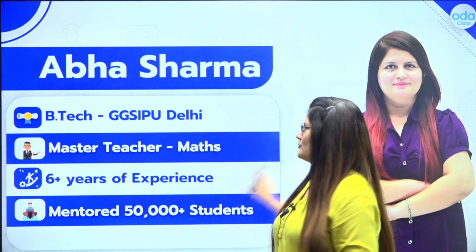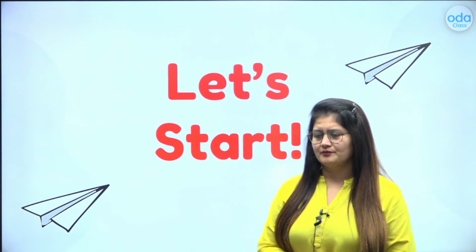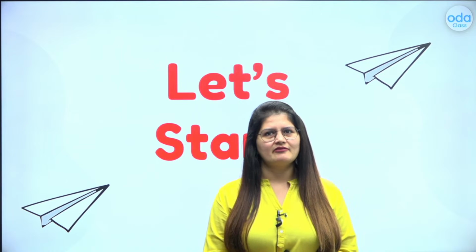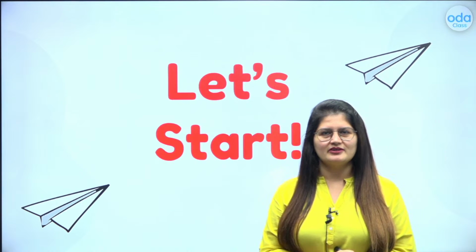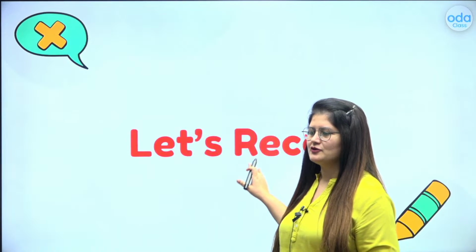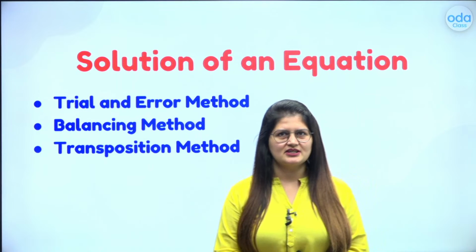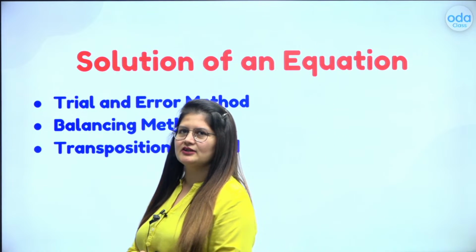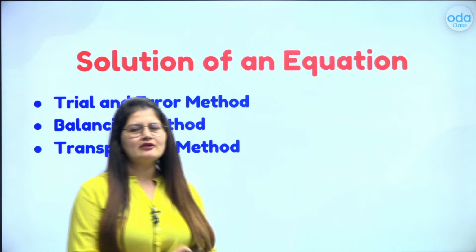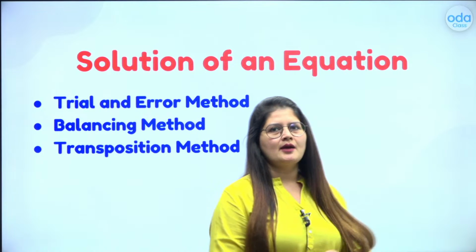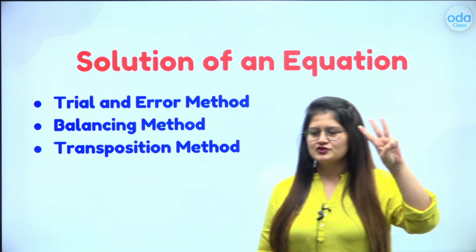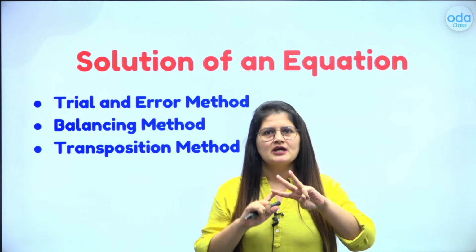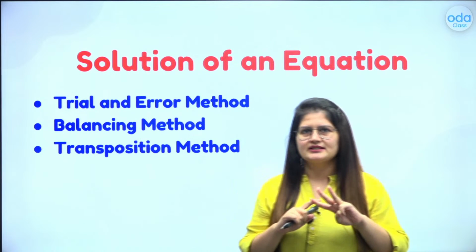Before starting the session, it's important that we recap what we did in the previous session. We actually did how we can find the solution of any equation, and we can do that by 3 methods. The first was the trial and error method, where you put different values and check from where we are getting the answer.